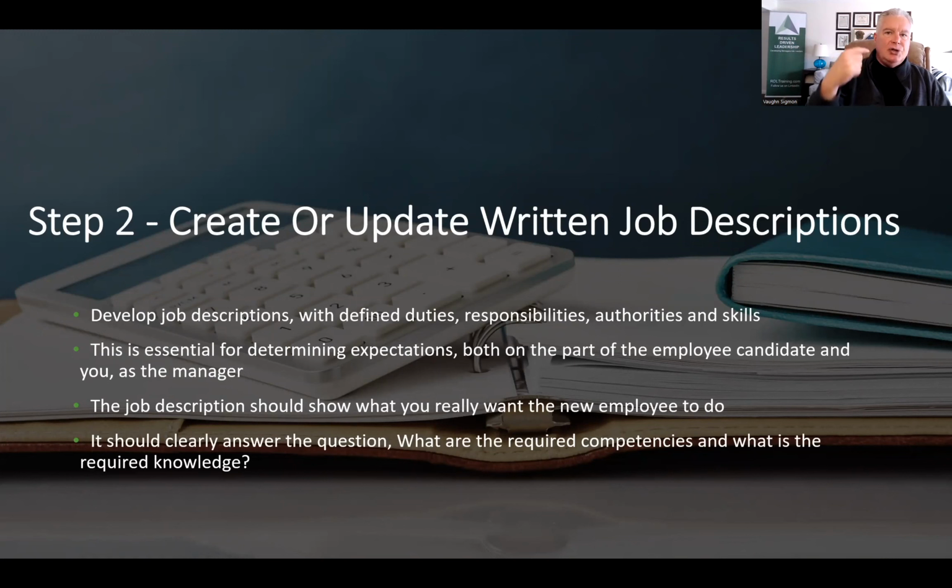It's not just, here's what you need to do. You need to know Excel and Word and computer skills and communication skills, et cetera. You really need to be thinking about work ethic, integrity, drive, competitiveness, some of those intangibles that people need to bring to the role that you cannot train somebody on.